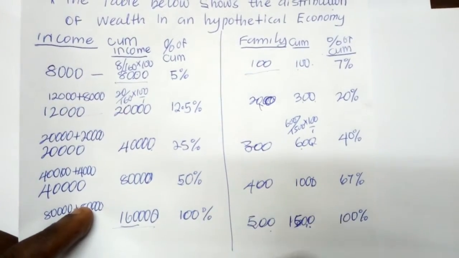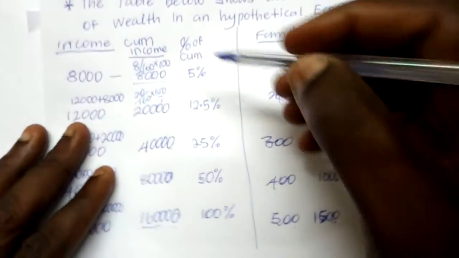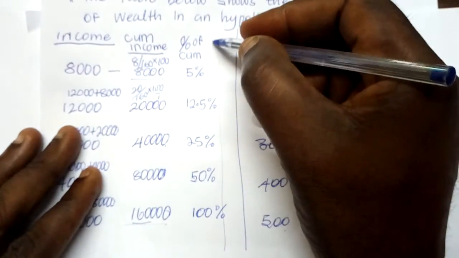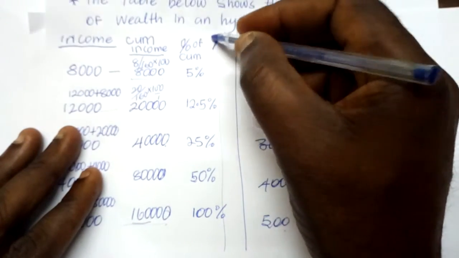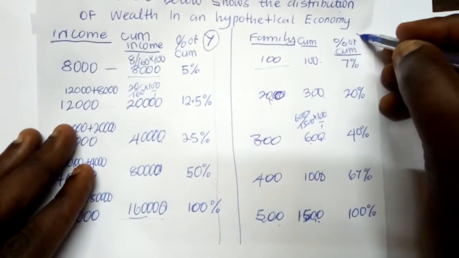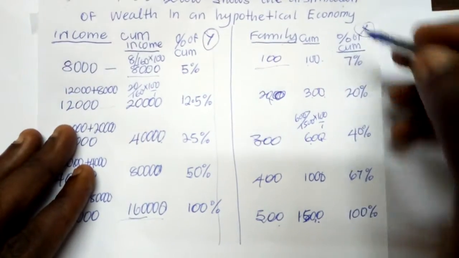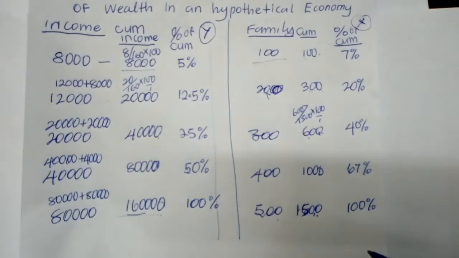So you are going to plot this income on the y-axis of the graph. You plot this on the x-axis of the graph. So let us do that.